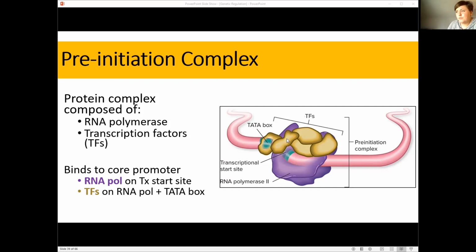Notice this transcription factor on the TATA box. This transcription factor basically holds RNA polymerase in place until it gets a signal from the enhancer or silencer region to either go or stop, respectively. If this transcription factor gets the signal from the enhancer region to go in the form of an activator, this transcription factor will just let go of RNA polymerase, and RNA polymerase will be free to transcribe the gene.